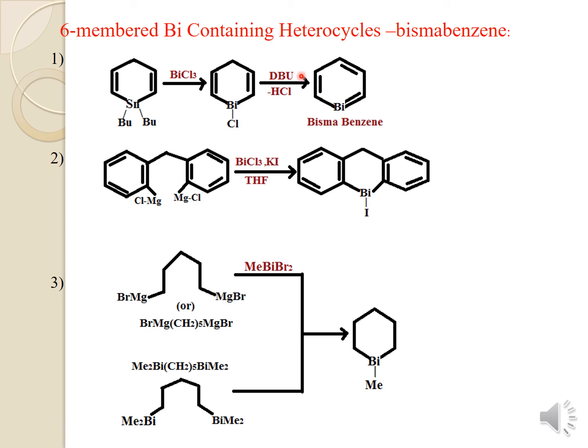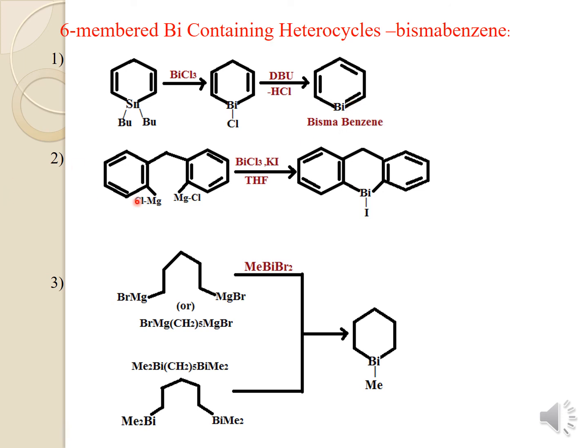Again upon treatment with DBU with the cleavage of HCl, there is a shifting of the bonds over here. The hydrogen will come here, and then this bond will go with the cleavage of chloride. When this takes place, you will result in the bismabenzene.